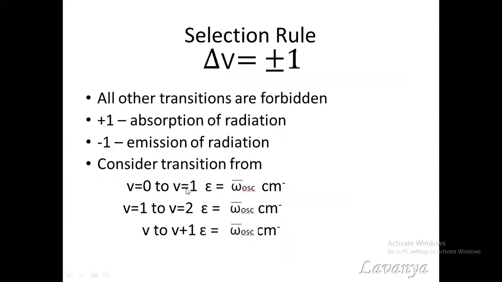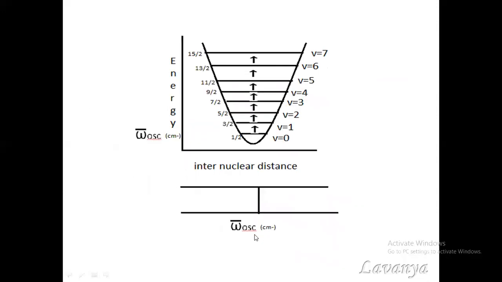You can substitute and calculate. If the transition is between 0 to 1, we'll get the energy omega bar oscillation in centimeter inverse. And if it is 1 to 2 also, I'll get the same thing. For any next successive level which is allowed, the energy gap is omega bar oscillation, so we can expect only one peak in the spectrum.